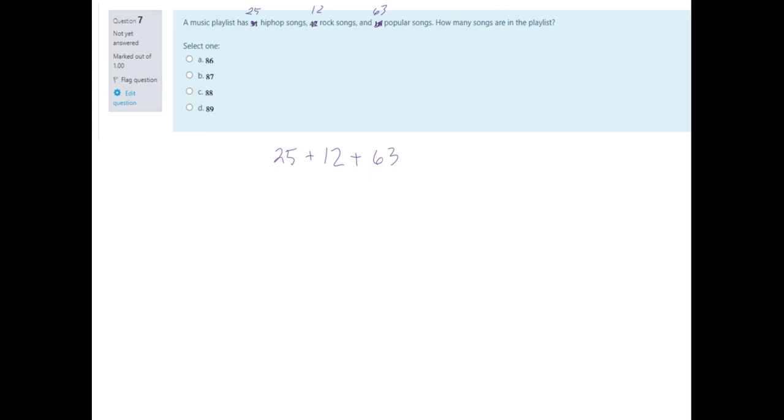So this is like count up to 25 and then count up another 12 and then count up another 63. We're going to get to the total. 25 and 12 is 37, and another 63. I could go 37 and 3 is 40, plus I've got 60 left over, and I get 100 even. Okay, so anytime we have the total number of something or how many altogether, it's an addition, right?